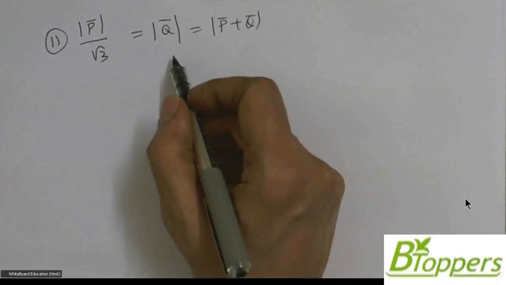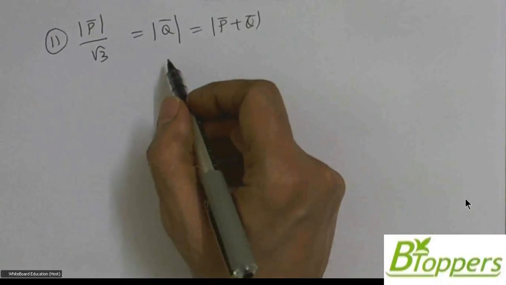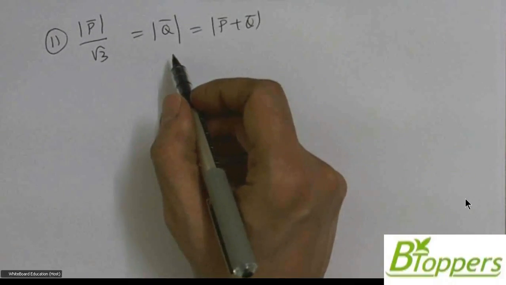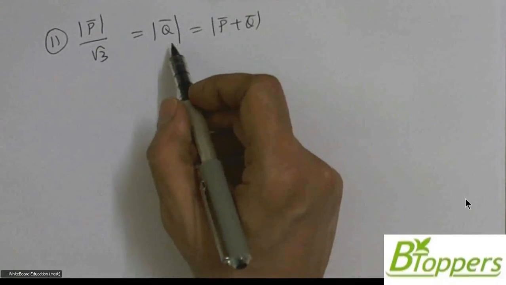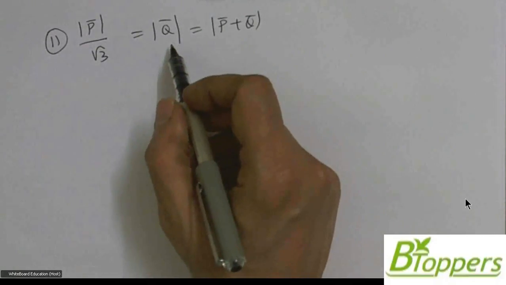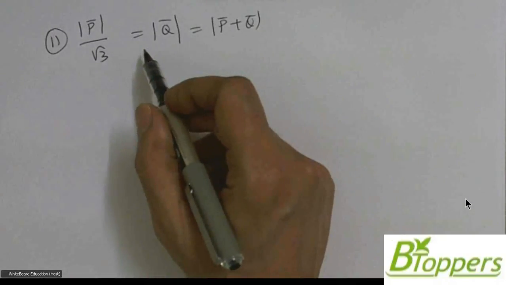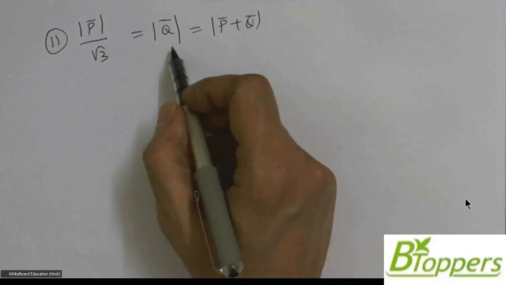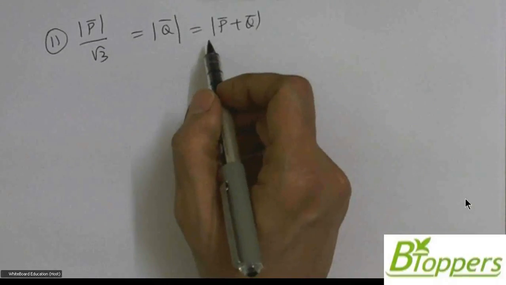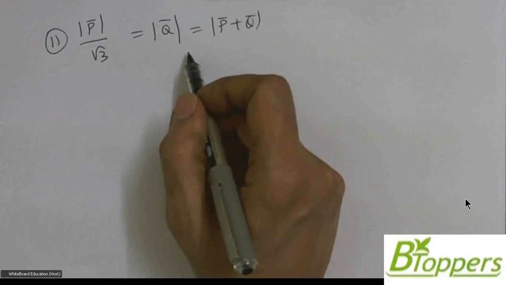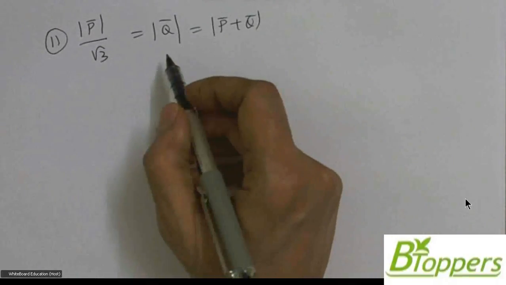So in the general equation r square equals p square plus q square plus 2pq cos theta, we can express all the three magnitudes in terms of one of the magnitudes. We can try to express them in terms of p or in terms of q, either way.